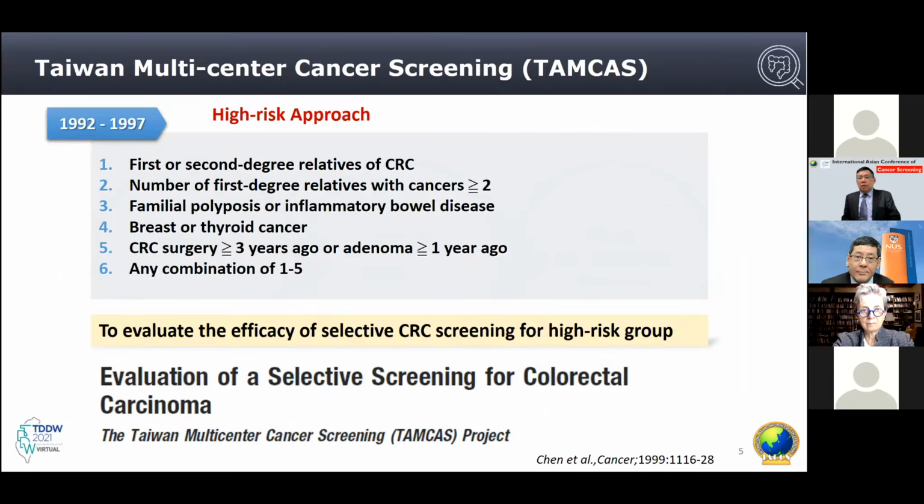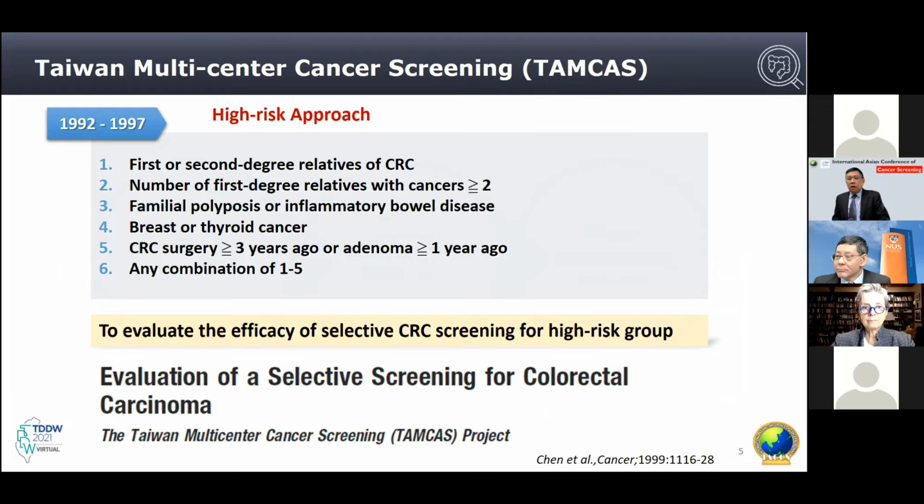In the beginning, this was the first colorectal cancer screening program. We used the high-risk group approach. Subsequently, we used multiple items, the majority related to family histories, to identify the high-risk group. We used colonoscopy in combination with FOBT and DCBE to provide the screening.